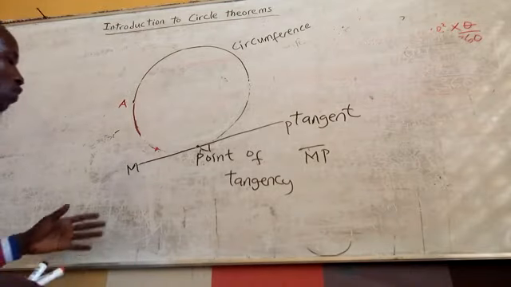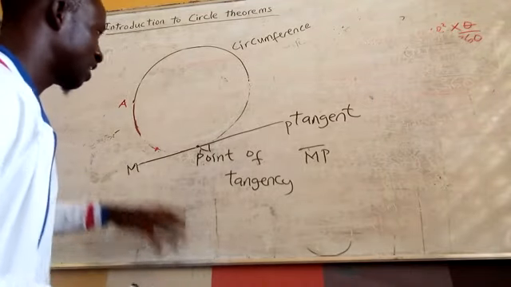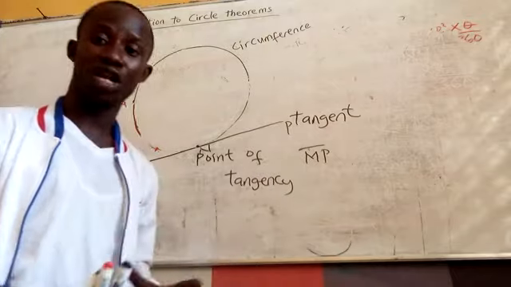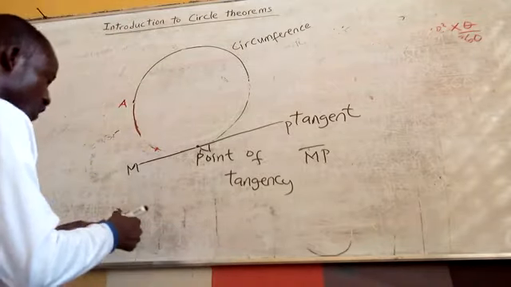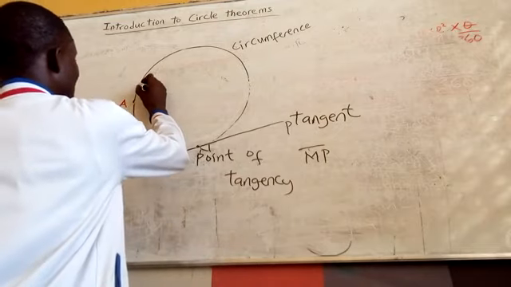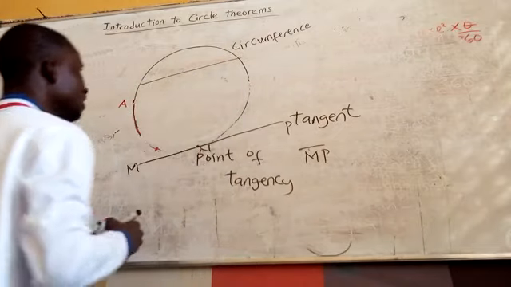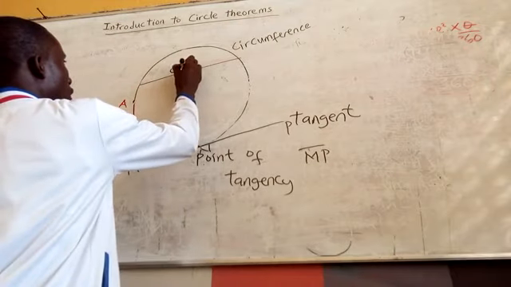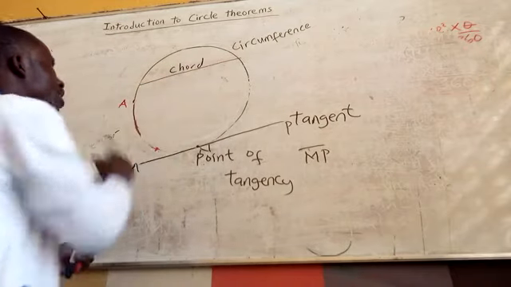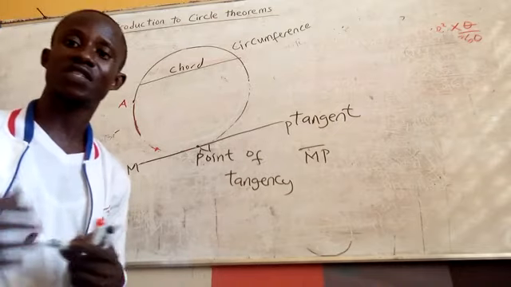Whenever a circle is drawn and a line touches it at exactly one point, we refer to that line as a tangent line. For example, if we draw a line in a circle like this, it is referred to as a chord. A chord is also referred to as a secant line.